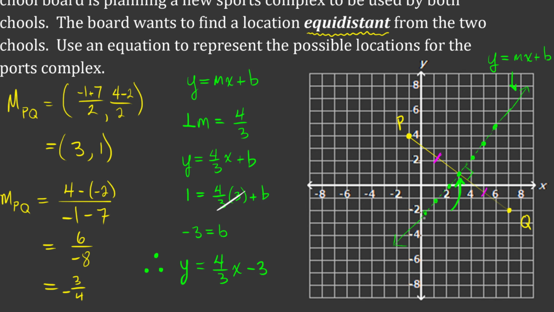And like I said, the y-intercept looked like it was going to be around -3, and I was pretty close on my drawing. All right, so that is the equation that represents all the possible locations for points that are equidistant between two other values, otherwise known as a perpendicular bisector.